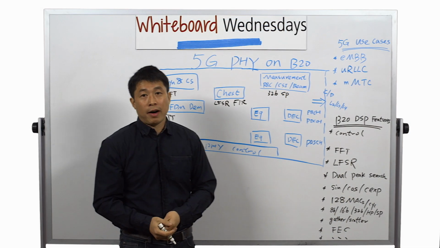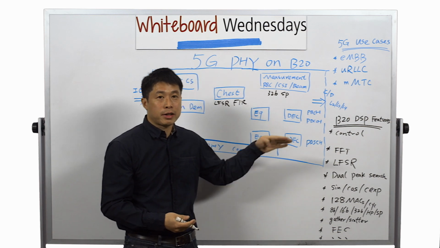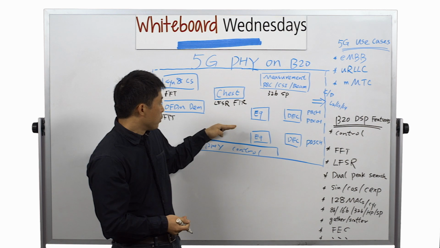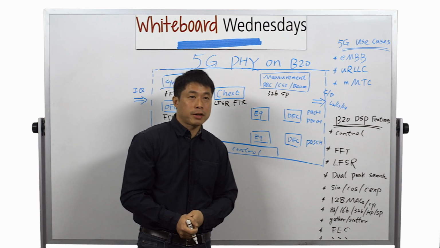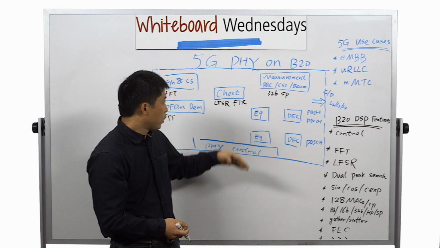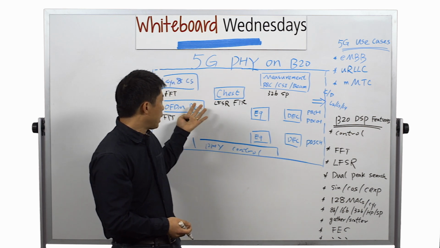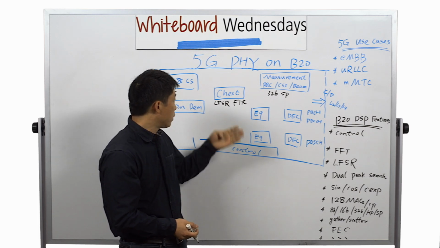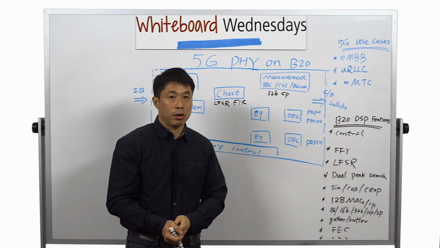The main part of the PHY is to decode different physical layer channels, for sure. In order to decode different physical layer channels, you need to do the equalization and the decoding. The equalizer takes the subcarriers from the OFDM demodulation module and the channels from the channel estimator module.